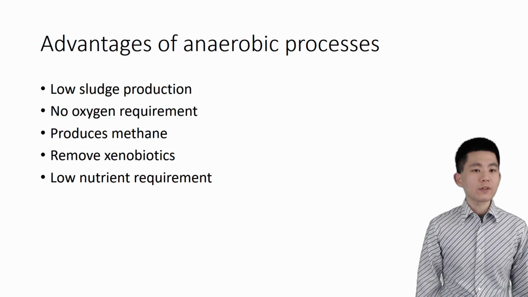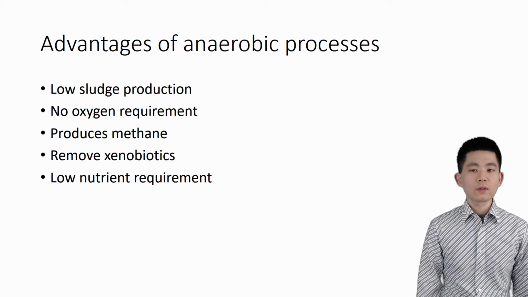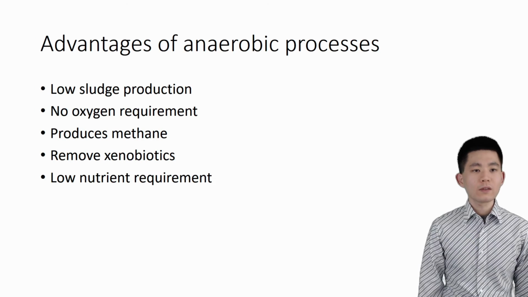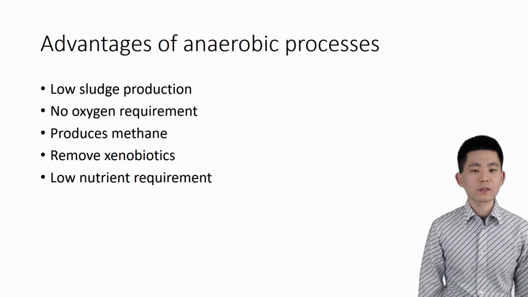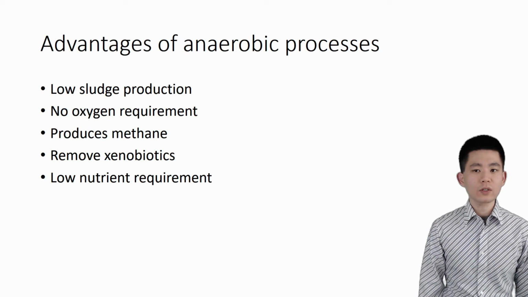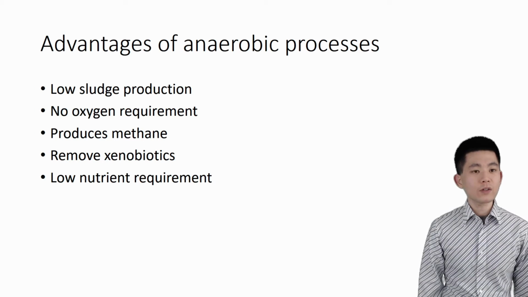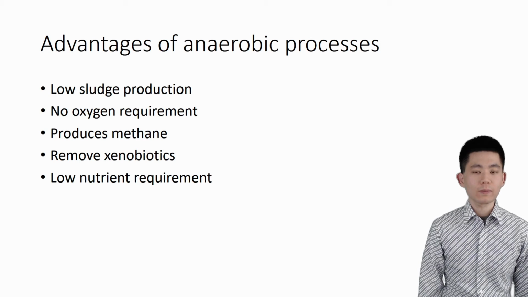One major benefit of anaerobic processes, not just anaerobic digestion, is the low sludge production due to the low yield. This can save solid disposal cost, a major cost next to aeration cost for utilities. It also saves aeration cost as oxygen is not needed in anaerobic reactions.